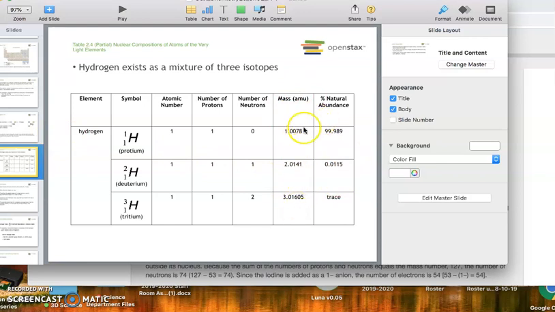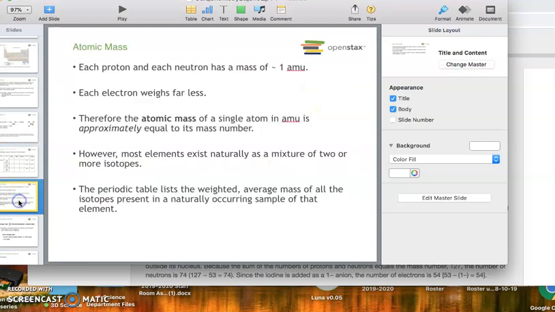So you see the masses here for hydrogen; they're all different. And the units here are atomic mass units, which we defined earlier. So roughly 1 atomic mass unit is assigned for each proton and each neutron. Okay, so each electron weighs far less. We said about 2,000 times less than the mass of a proton or a neutron.